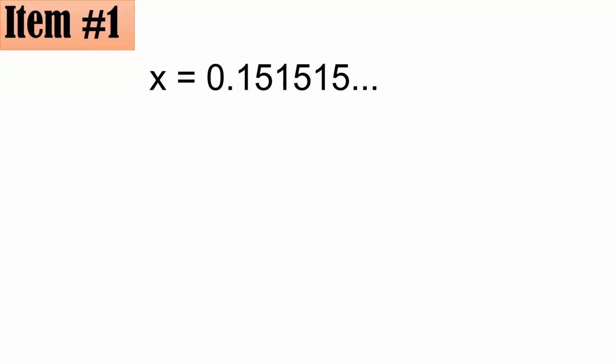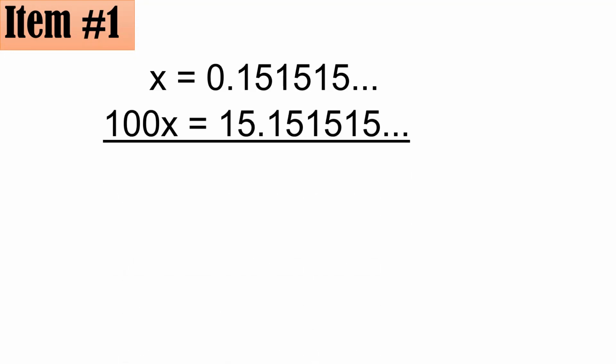Take note, ito po yung technique. Kung isang digit lang po yung nagre-repeat, multiply both sides by 10. Kung 2 digits all throughout yung nagre-repeat, multiply both sides by 100. Kung 3 digits, 1,000, and so on. So multiplying both sides by 100 gives 100x equals, when this decimal is multiplied by 100, you are moving the decimal point 2 places to the right.